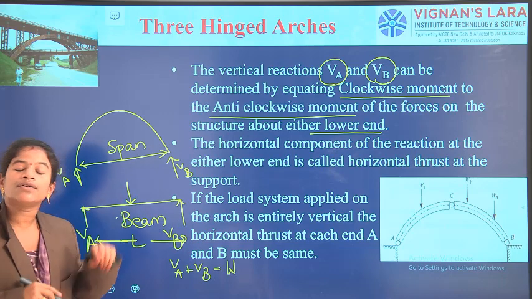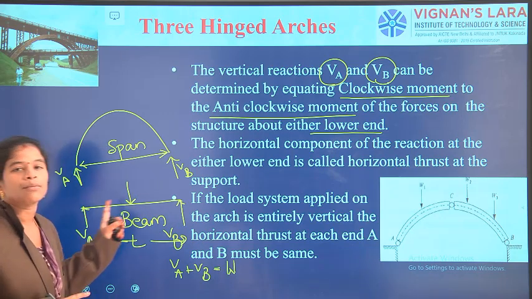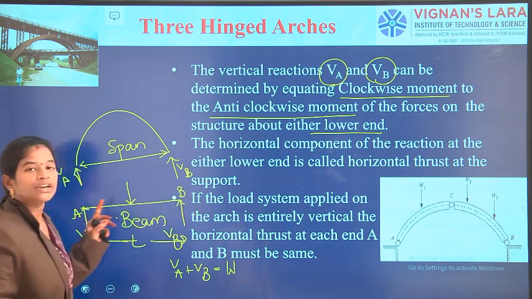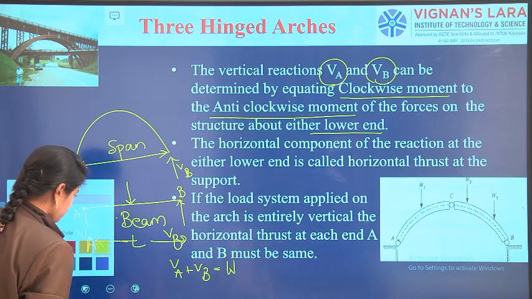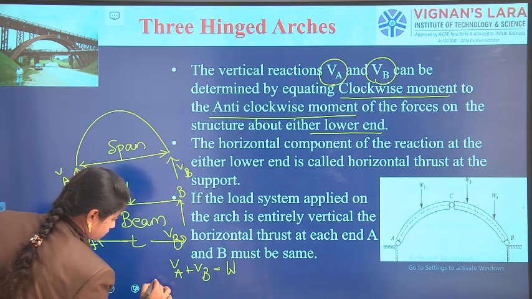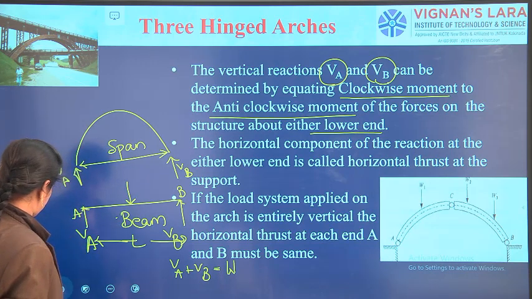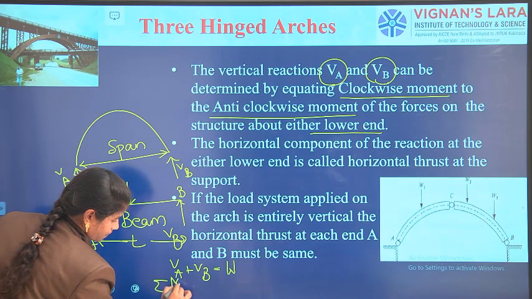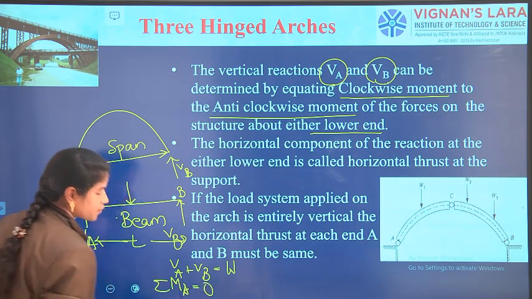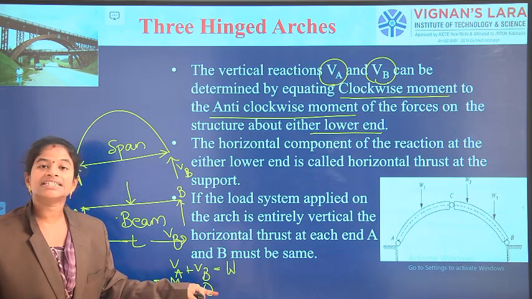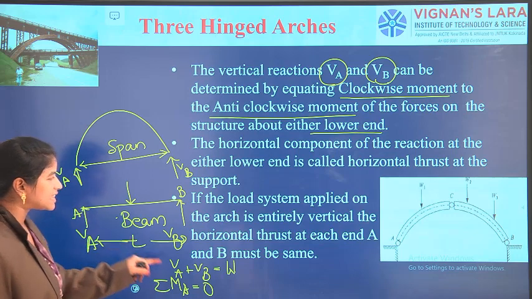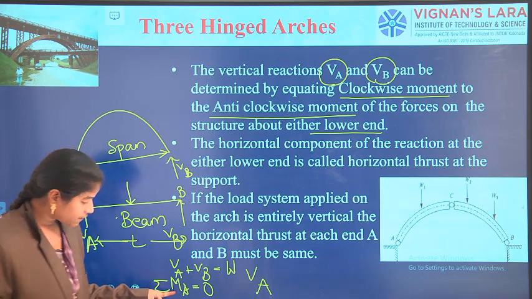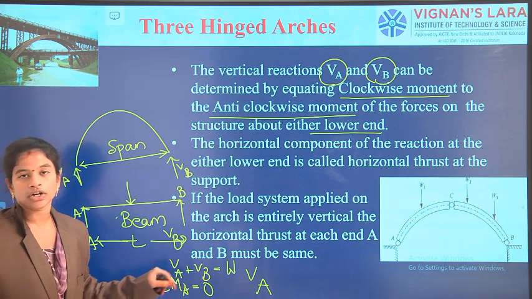So for another equation, we take moments about any support, about A or about B. The sum of all the moments about any support is equal to 0. Using this condition we will get either VA or VB based on the support we have taken. Then I write sigma MA is equal to 0.